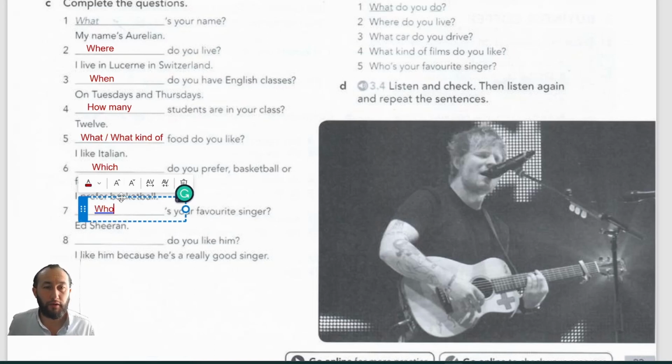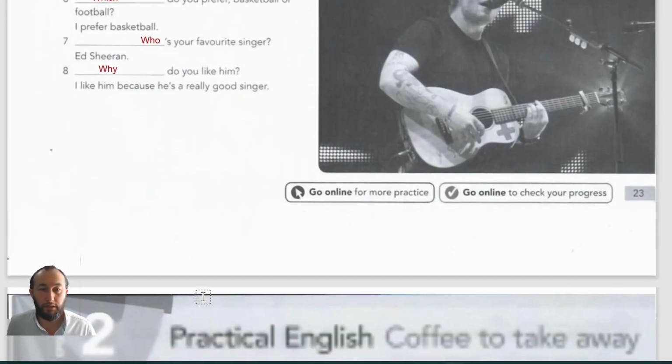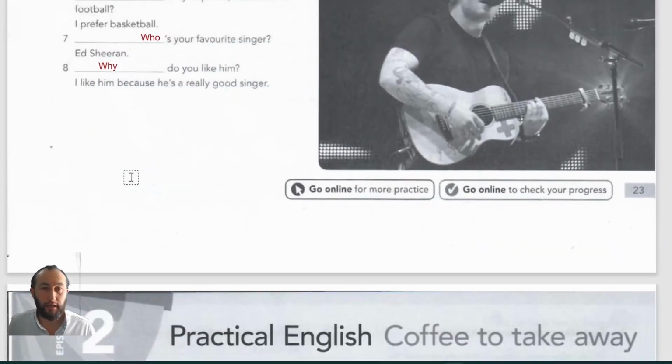We're going to put it maybe closer here. There you go, like that. That's better, yeah. Who's your favorite singer? Ed Sheeran. Number 8, the answer, I like him because he's a really good singer. So because is the reason. So we're going to put why. Question word. Why do you like him? All right, guys. Why do you like him?